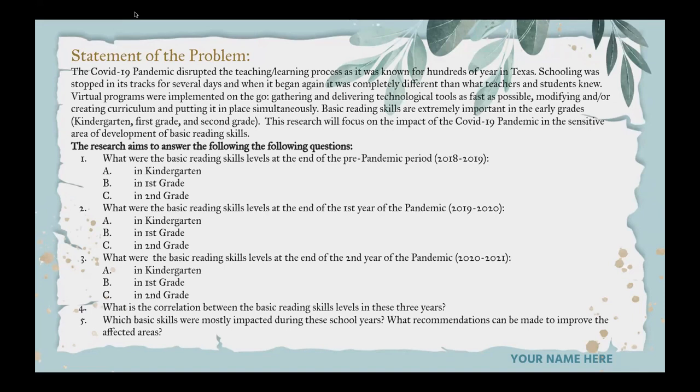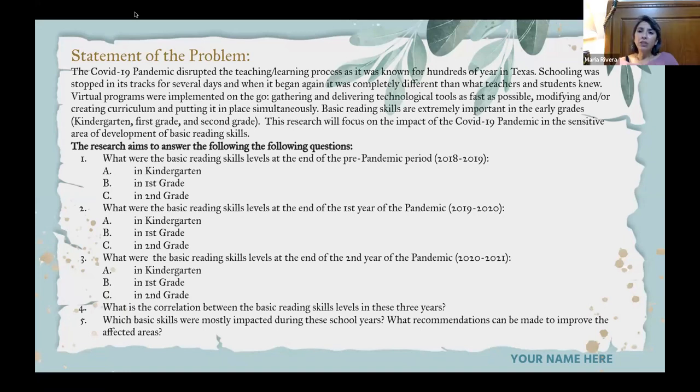Even here in the Philippines, we really have a big problem with regards to the reading skills of our pupils. Even those in grade 4 or grade 5 were not able to read. They are slow readers because of this COVID-19 pandemic.